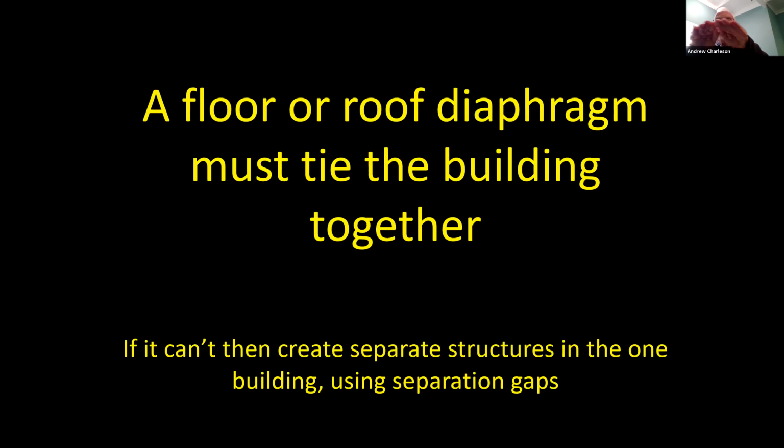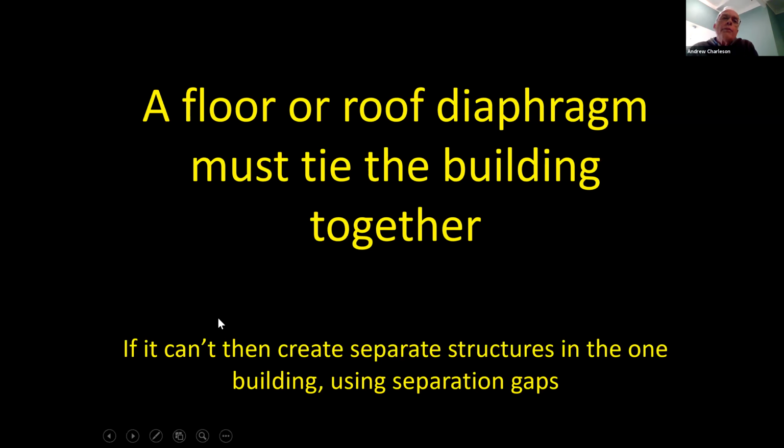Like this floor moves as a single unit during the shaking. It doesn't break apart and move in different directions and cause the building to collapse. And so each of your floor slabs should tie your building together and make that floor move as a single strong unit.